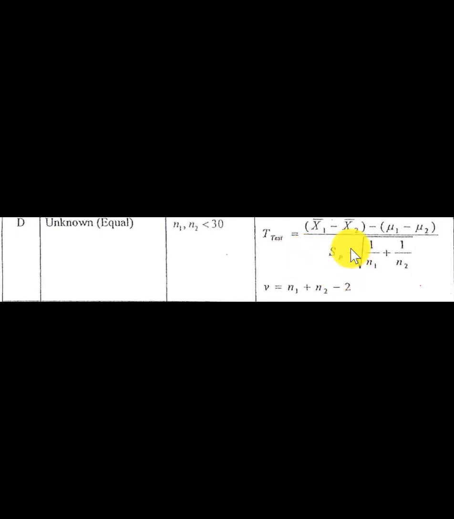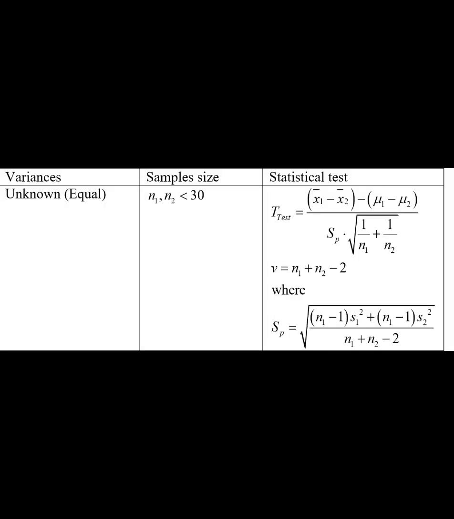Here we have SP, which is not given in the question. Usually in your finals we have the formula of the SP. This is the complete formula for case D, for variance unknown and equal, in which N1 and N2 are less than 30.